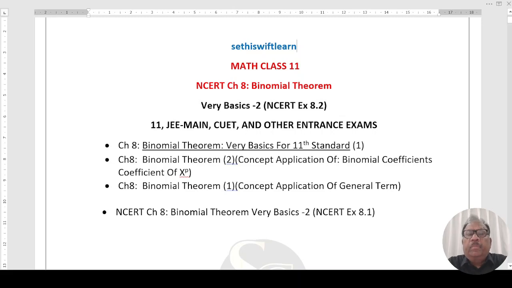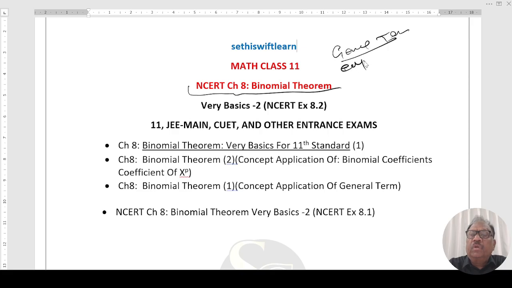Hello students, in today's session of NCERT chapter Binomial Theorem, we will cover the basics of the general term and the coefficient of any term according to the question, cleared through illustrations taken from NCERT exercise 8.2.